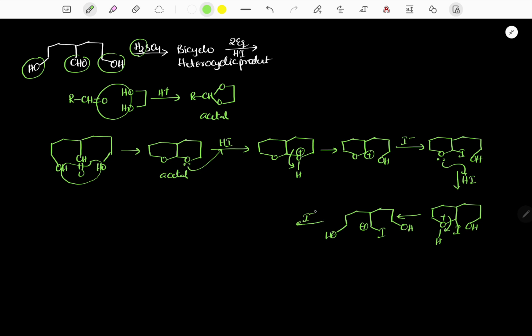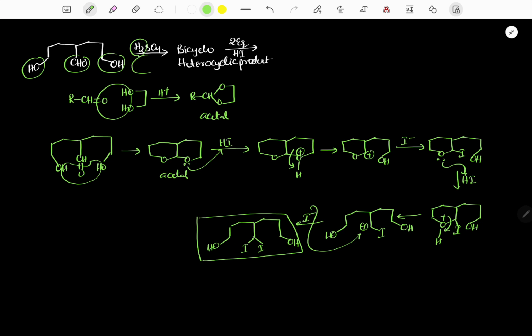Now it reacts with I minus. So this is the final compound. Our final compound is this one. So the first reaction is acetal formation. The second reaction is ether cleavage in the presence of HI.